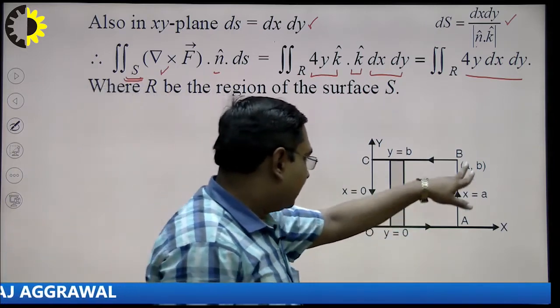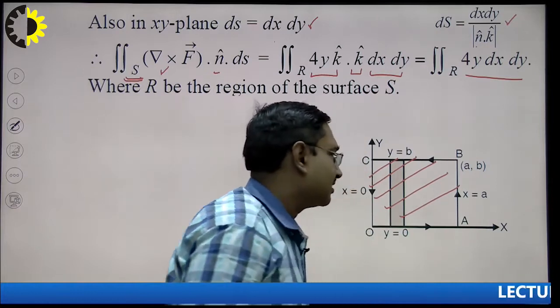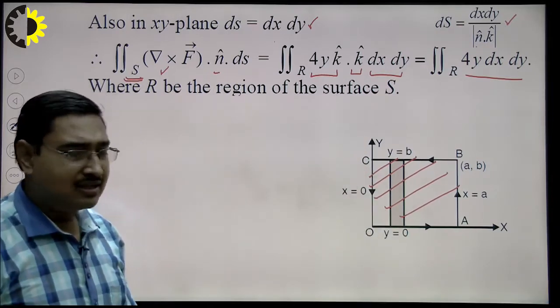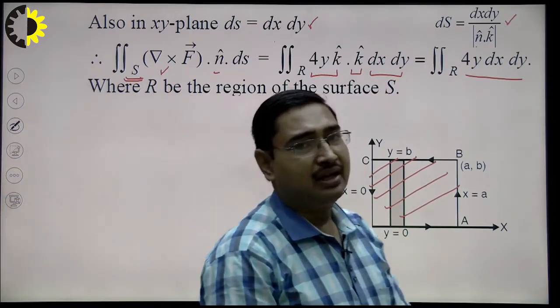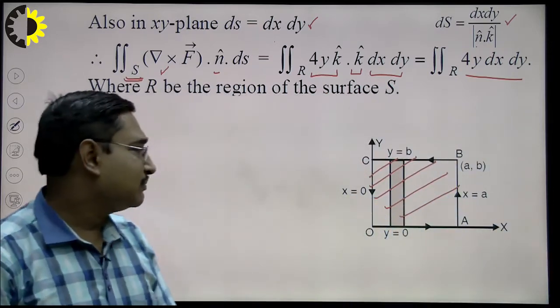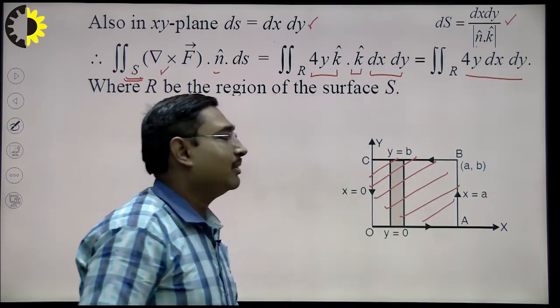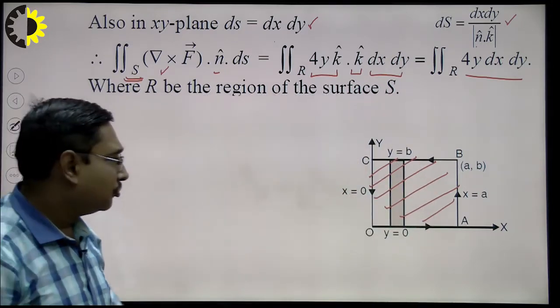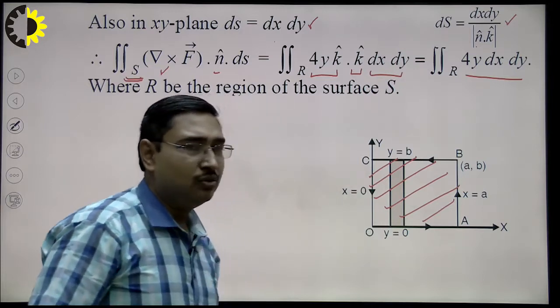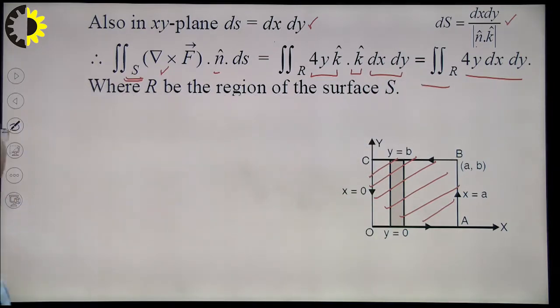Here, this surface is the surface of this rectangular region and it is already lying in the xy plane. Because it is lying completely in the xy plane, its projection on the xy plane will be nothing but the same rectangle itself, and therefore this rectangle will be used to find limits of x and y for this double integral.